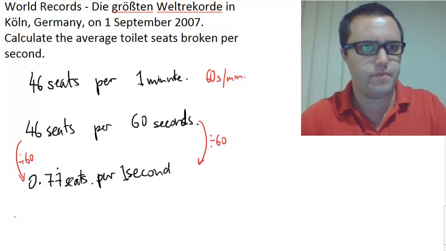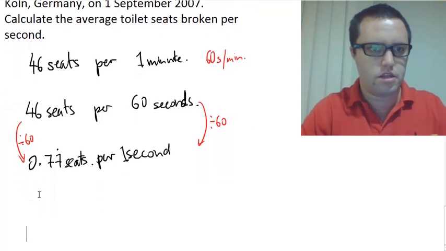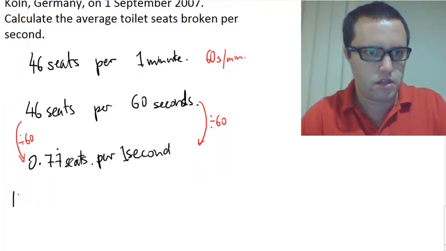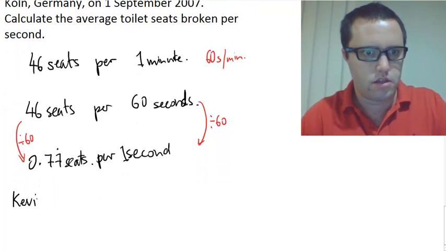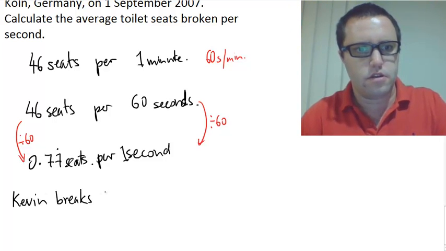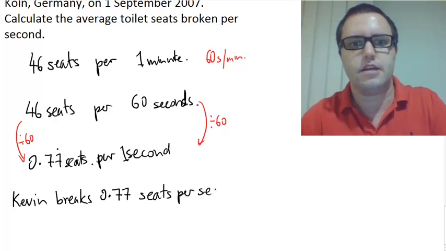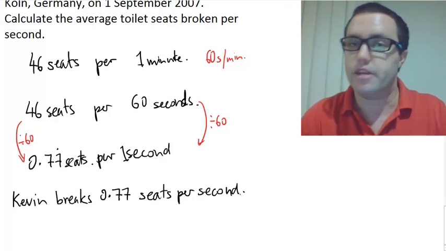So, what was his name? Kevin breaks 0.77 seats per second. And what a ridiculous record.